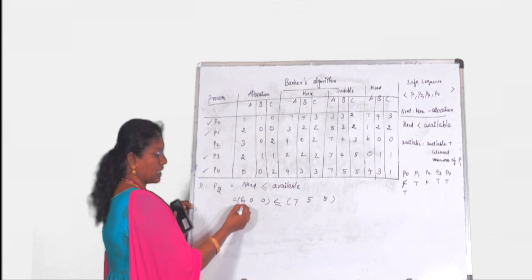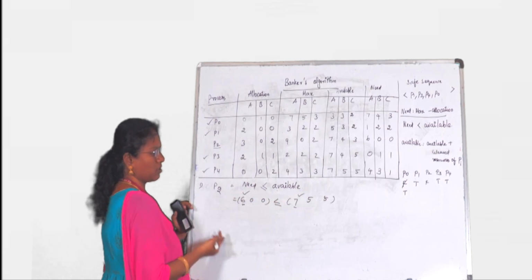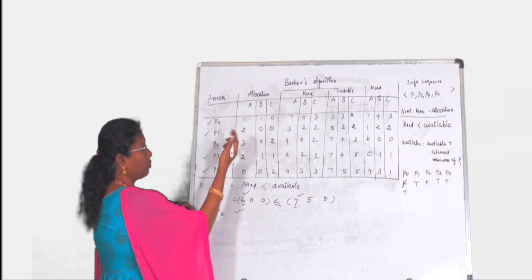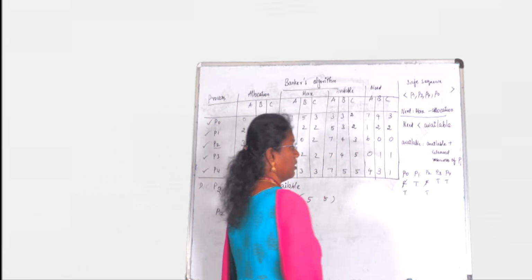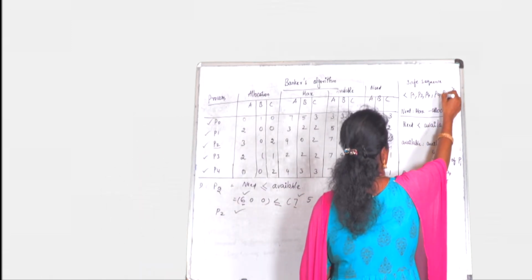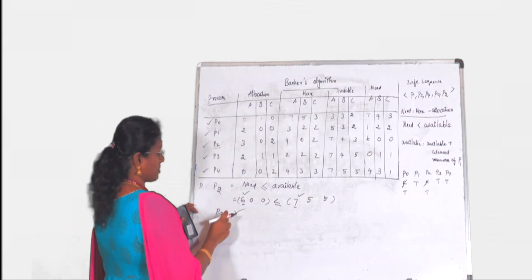It needs 6 of A, but how much is available? 7 is available. Others are 0. So sure, P2 also will execute. So now P2 is executed. P2 becomes true here, so P2 enters into the safe state. So write P2 in the safe sequence, and now release the resources of P2.